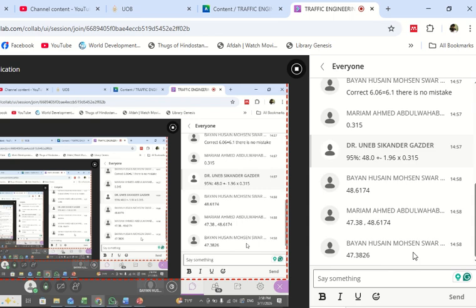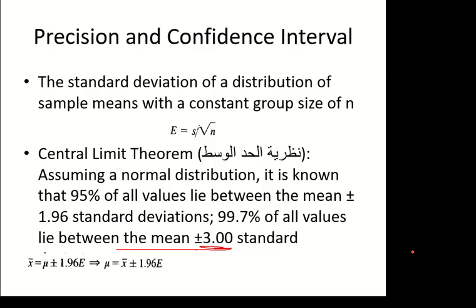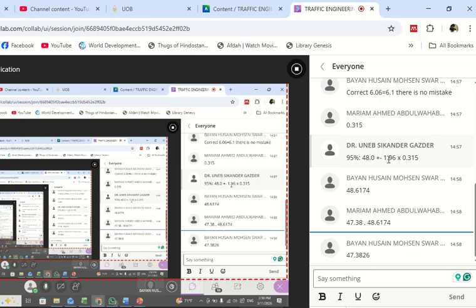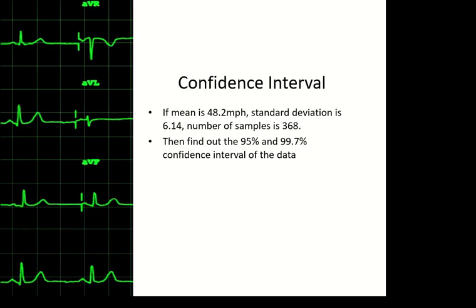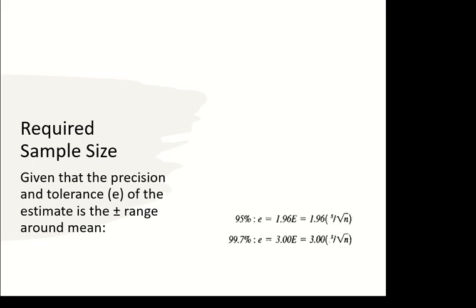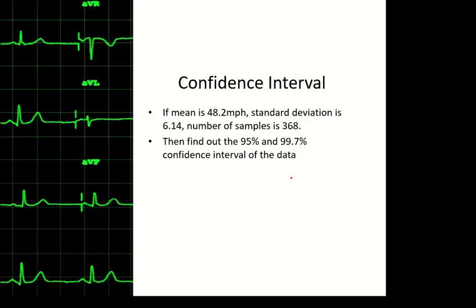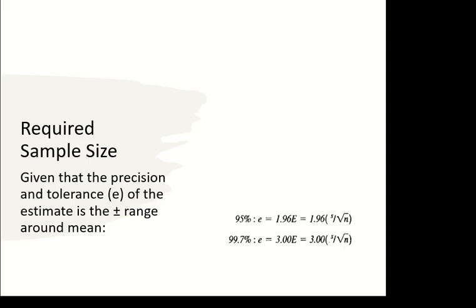And then if you want 99.7%, you can just replace this 1.96 with 3, and everything else will remain the same. So we did 95% and you can do 99.7% if you want. Now, I said this theorem only applies if you have normal distribution.